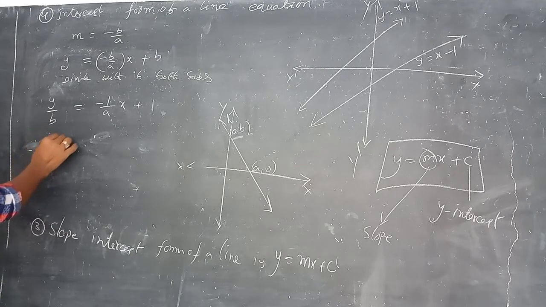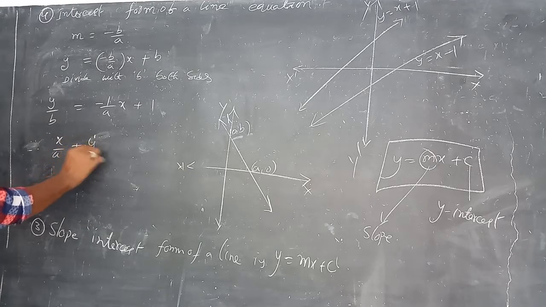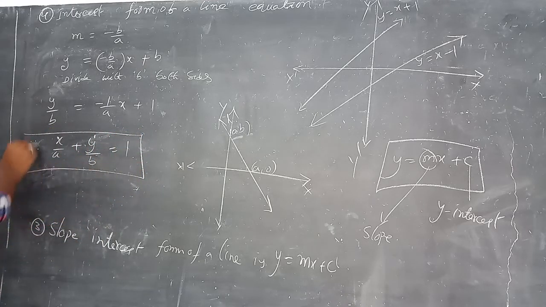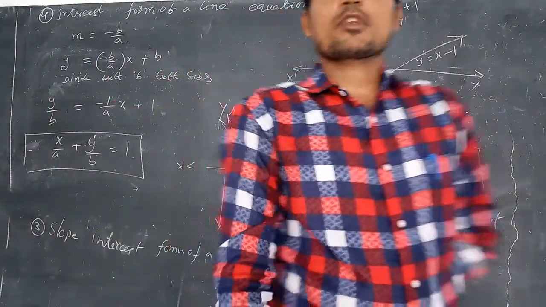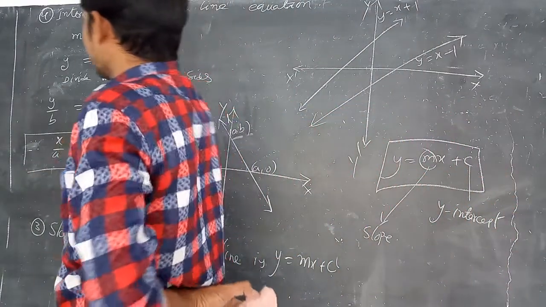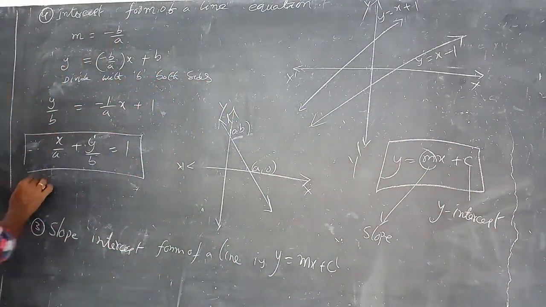Therefore x by a plus y by b equal to 1. This is the intercept form of a line equation. Here a is the x-intercept and b is the y-intercept.